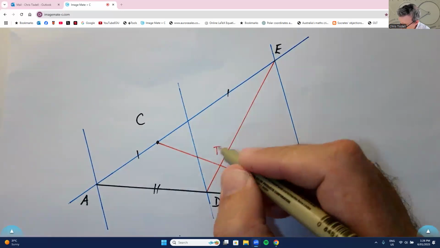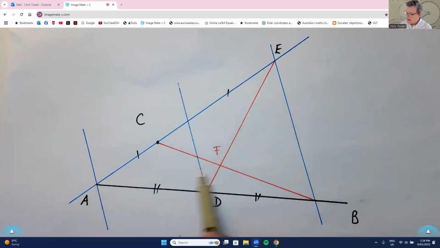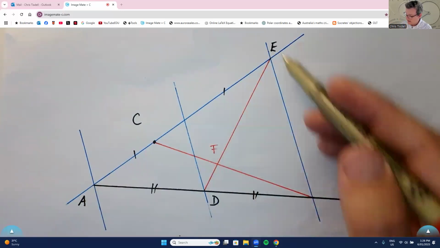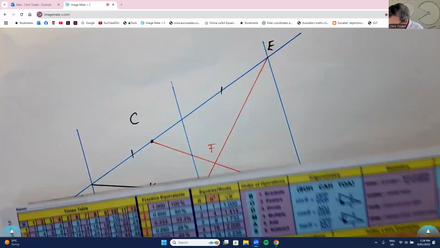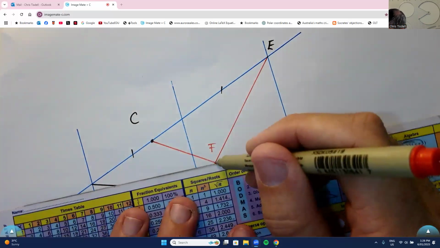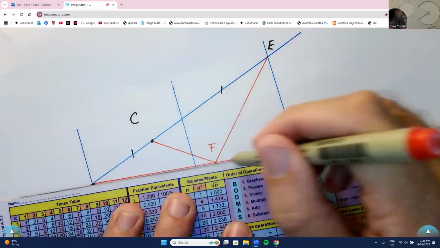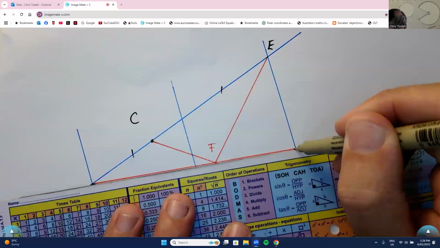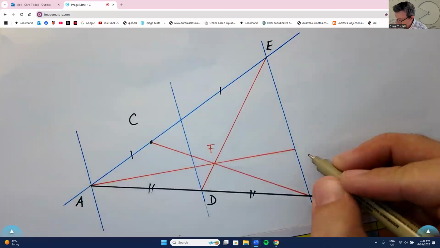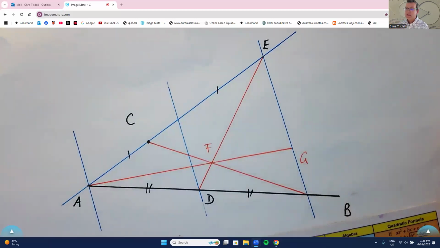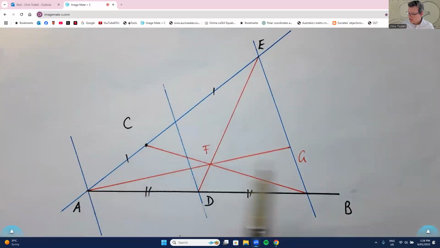Let's call that F. And then I'm going to connect A with F and extend it to hit this side here. All right, there's my last point. So let's call that G. Now, believe it or not, CG is parallel to my original line segment, AB.